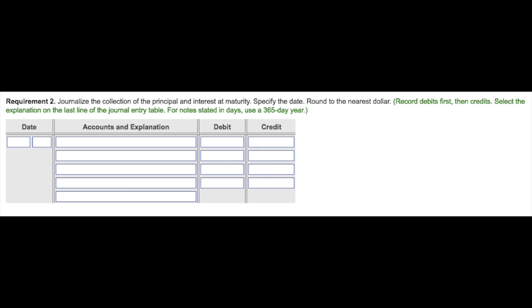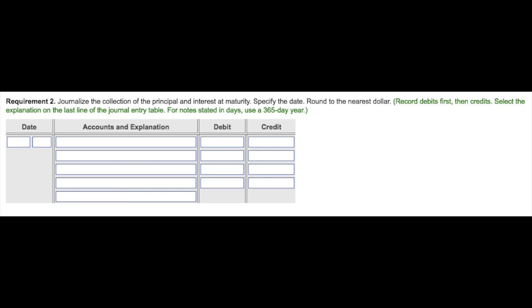For example, 10 days would look like 10 divided by 365 in the time portion of the formula. So you would multiply the principal, which is $100,000, times the interest rate of 7%, times 90 over 365, which would equal $1,726, and that is the amount of interest.